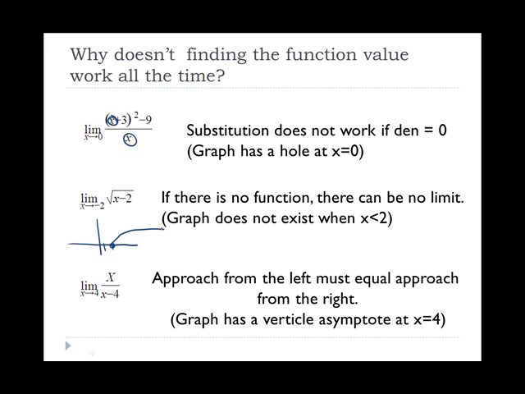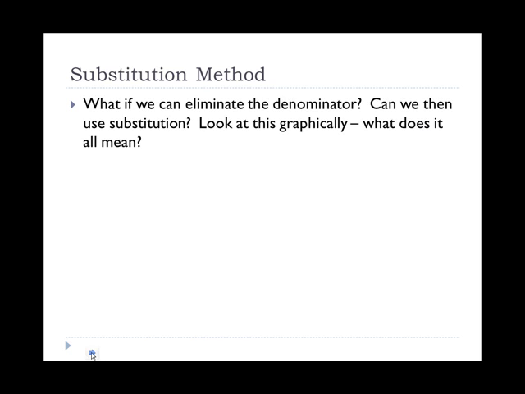And now what I want to do is actually revisit the substitution method, and then there's a little bit of a method we call trickery. So the idea behind the substitution method is it helps us to answer the question on whether or not we have a hole or an asymptote.